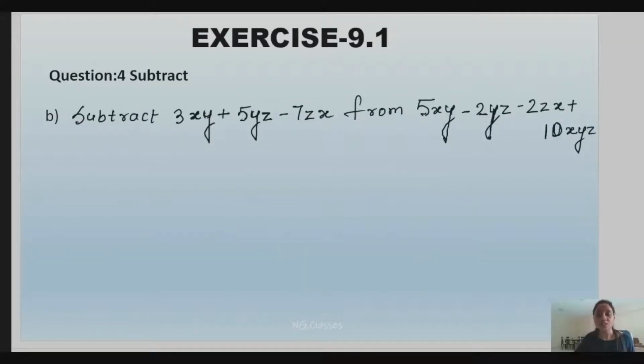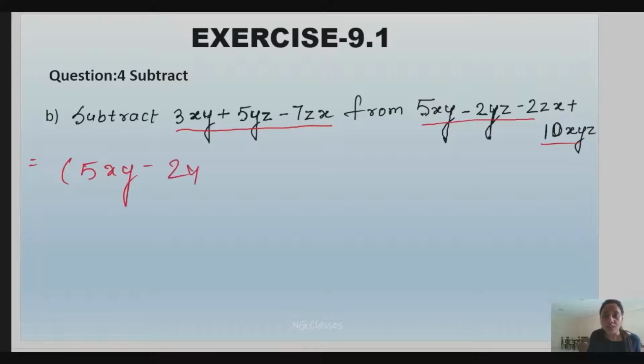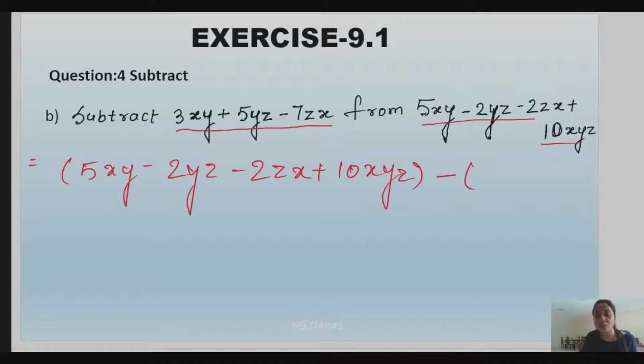Now similarly we will do the subtraction as well. So our question is, subtract this first algebraic expression from this second algebraic expression. Okay. So write it: 5xy minus twice yz minus twice zx plus 10xyz. From this algebraic expression, we have to subtract thrice xy plus 5yz minus 7zx.